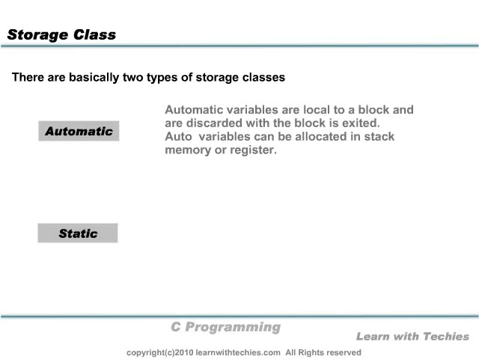Hence, after the block, even though the memory is accessible, it is not guaranteed to contain the value of the variable to which it was allocated. That's what is really meant by saying the automatic variables are destroyed when we exit the block. This will make more sense when we discuss local variables and stack frames in later chapters.